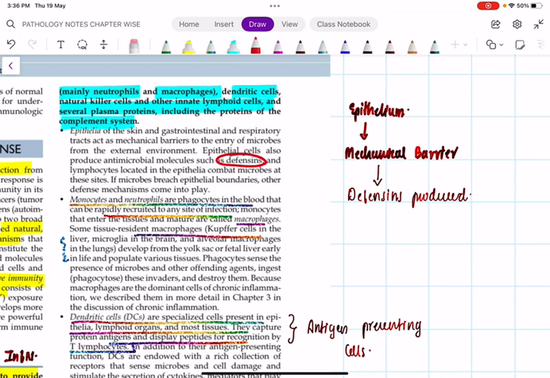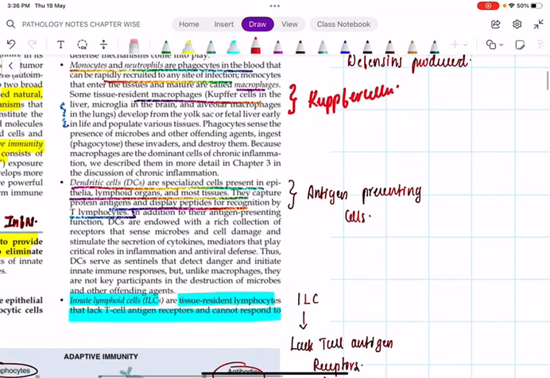Already we have discussed them in the inflammation chapter. Some tissue resident macrophages: we have Kupffer cells, which are there in the liver. We have microglial cells, alveolar macrophages. These are the various tissue resident macrophages. Monocytes means they are in the blood, whereas macrophages means they are in the tissues.